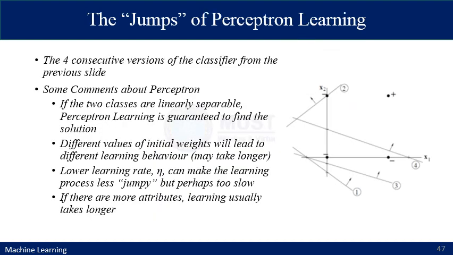Similar to the learning rate in regression, the jumps in perceptron learning are quite visible because the learning rate was very high. As you can see, the four consecutive versions of the classifier from the previous slides are shown. In the first example, when the weights were initially assigned, we had the linear separation here. But once we changed the weights after the first classification, it jumped from here to here, which is quite a significant jump.